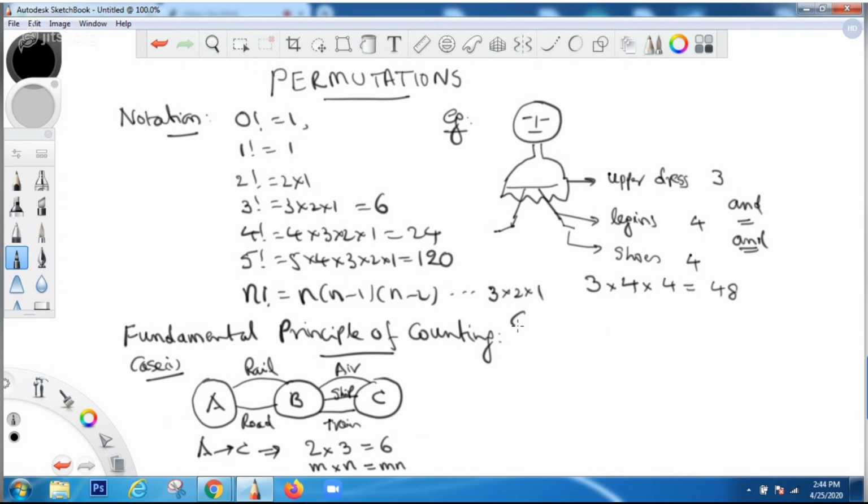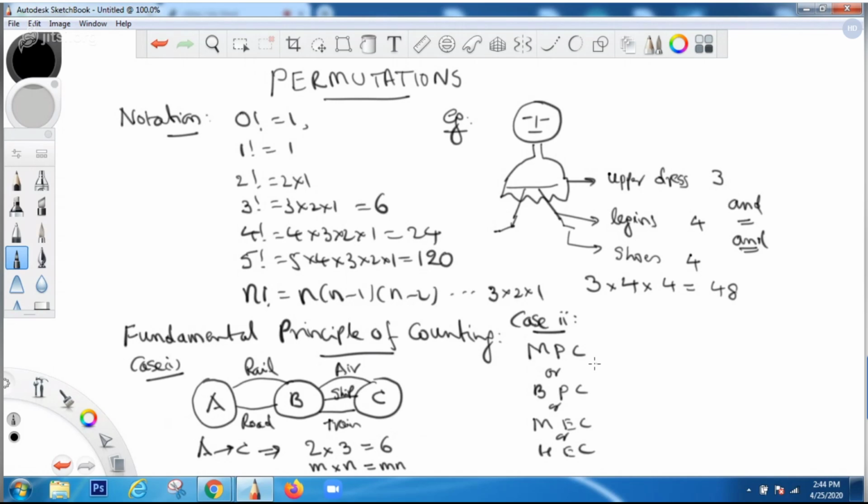There is another case, case 2. Case 2 means here "or" will come. Let us take a student who can complete intermediate with a combination of MPC or BPC or MEC or HEC, or fashion technology also.